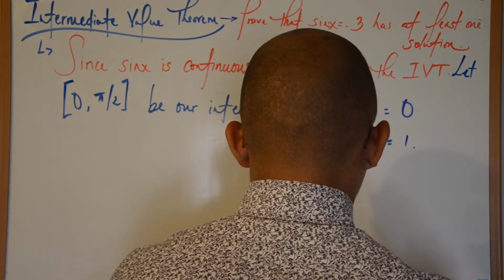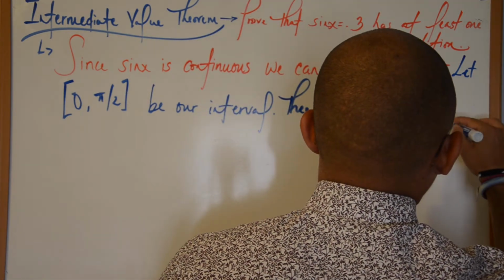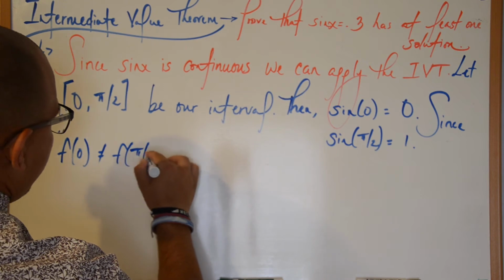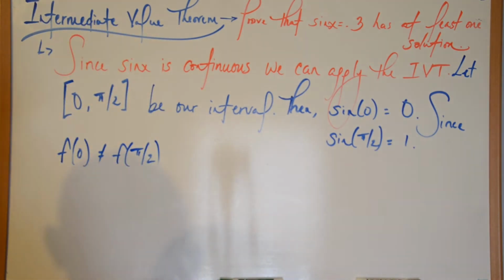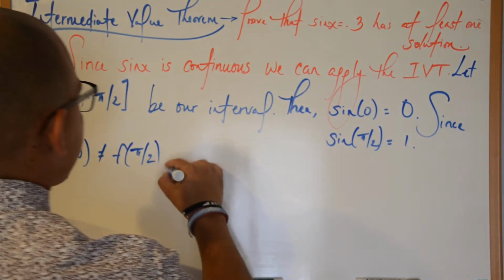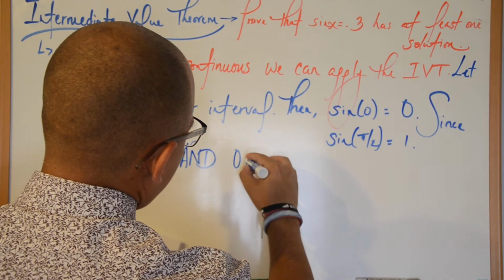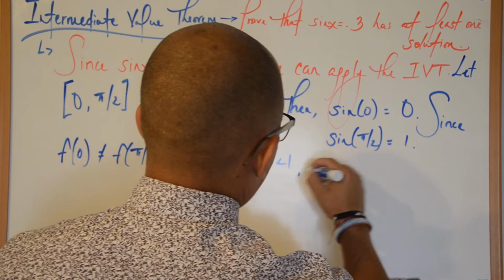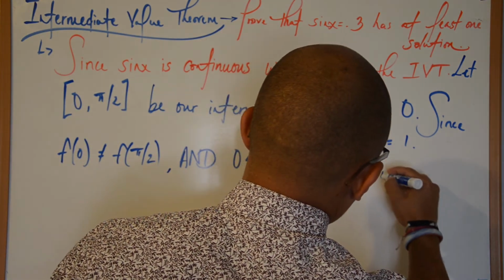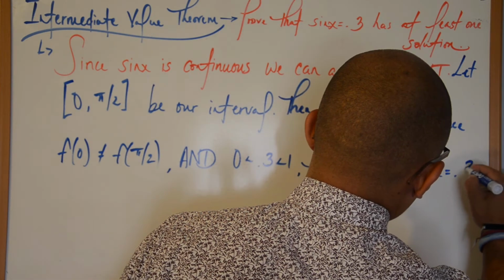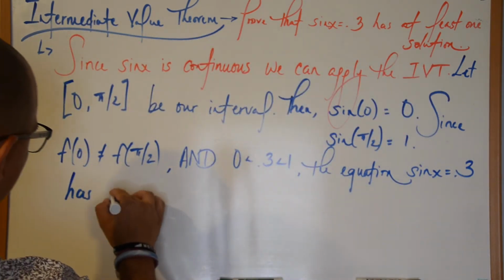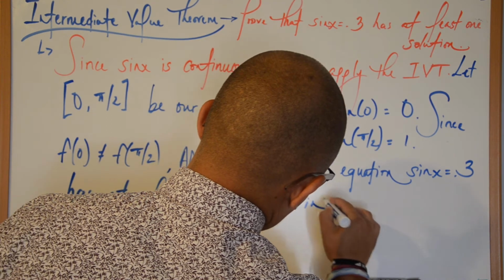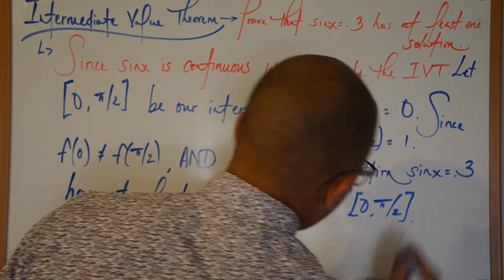Now the next part, the intermediate value theorem says, since f of 0 is not equal to f of pi over 2, because the outputs of the ends of our bounds cannot be equal, and 0.3 falls between 0 and 1, the equation sine of x equals 0.3 has at least one solution in 0 to pi over 2.